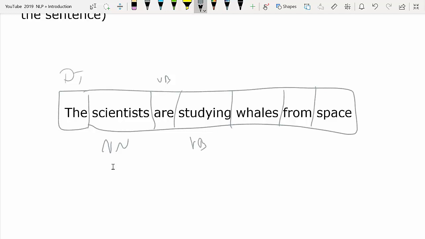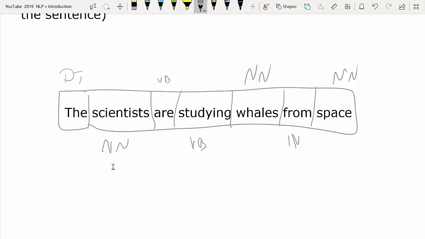For simplicity, let's call it a verb. And this is again a noun. This is a preposition. Okay, and this is again a noun. Now this is what we call as understanding the structure of the sentence.